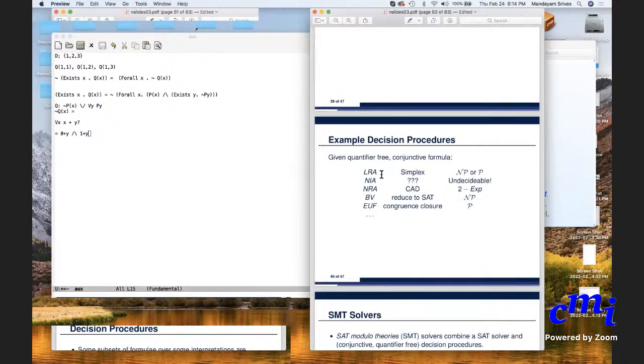The decision problems for these theories are pretty hard. What SMT solvers do is add a layer of DPLL on top of that. So I'll stop here and take any questions you might have.